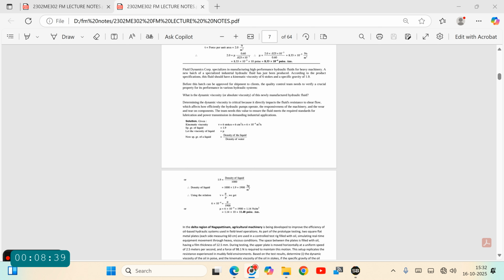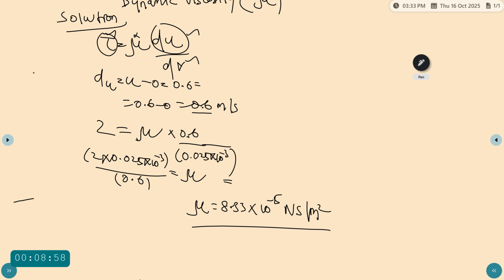Unlike the last problem, we cannot apply internal viscosity in this problem. So based on the data, the task is to determine dynamic viscosity. Now we can see how to determine it. Let's see the overall problem.